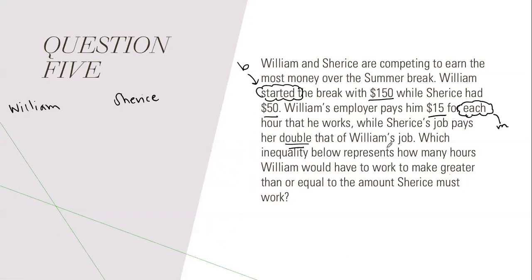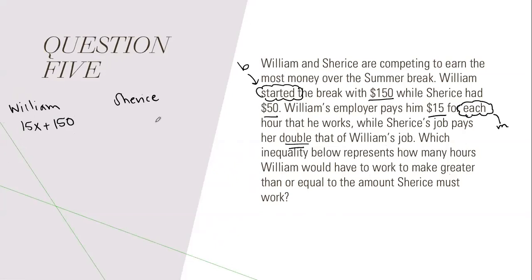Someone virtual, tell me what you would write for William. 15x plus 150. Perfect. 15x plus 150. This is how much he made each hour, and this is how much he started with.